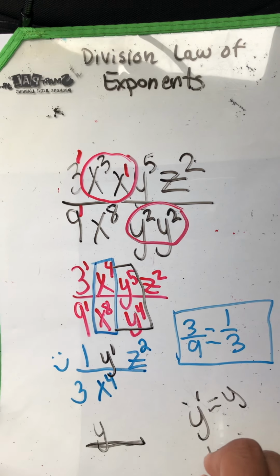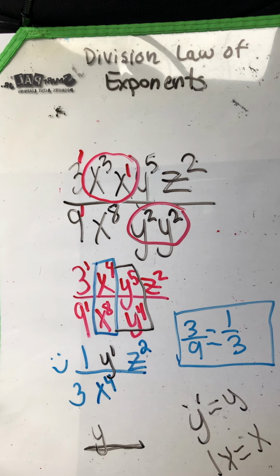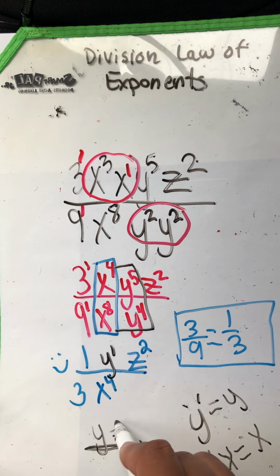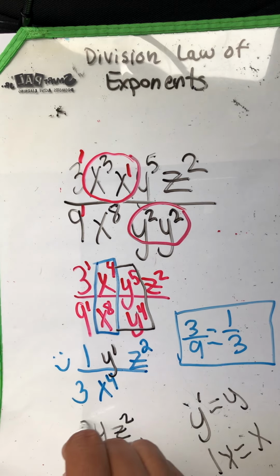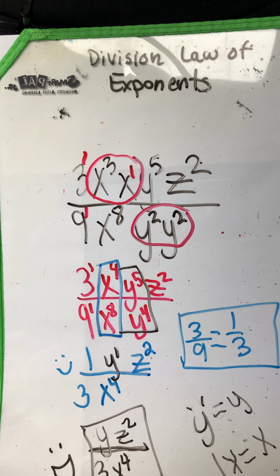It's the same thing like 1x is x. All right. So let's take a look at our next thing. The z is good to go. The 3 is good to go. And the x to the 4th doesn't have any extra ones. So this is the best. This is the great answer.